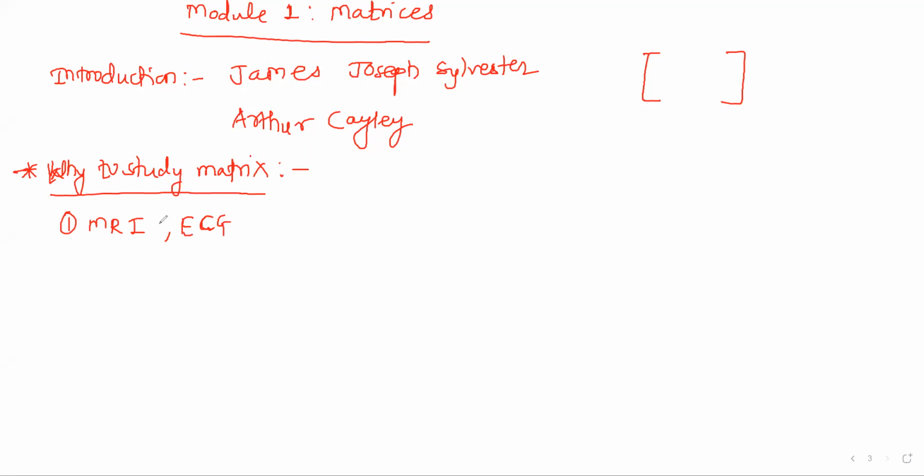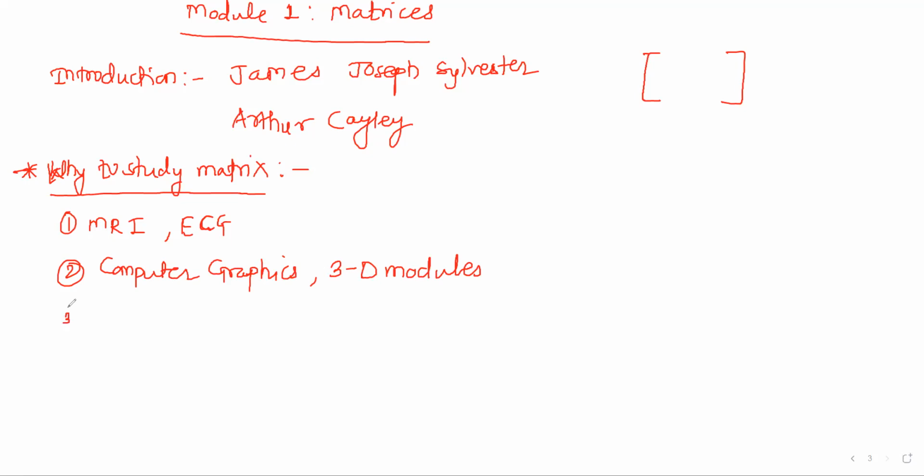Next, also you belong to the computer field, so matrix can be used in 3D models, then computer graphics, right?